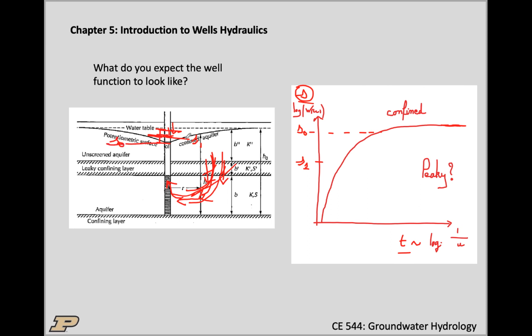S1 is smaller than S0, so it's somewhere here. So we expect that at the beginning they do the same, because the leak doesn't influence at the beginning. After some time, it starts leaking and leaking, and now we reach that steady state somewhere below. So again, conceptually, that's what we expect.